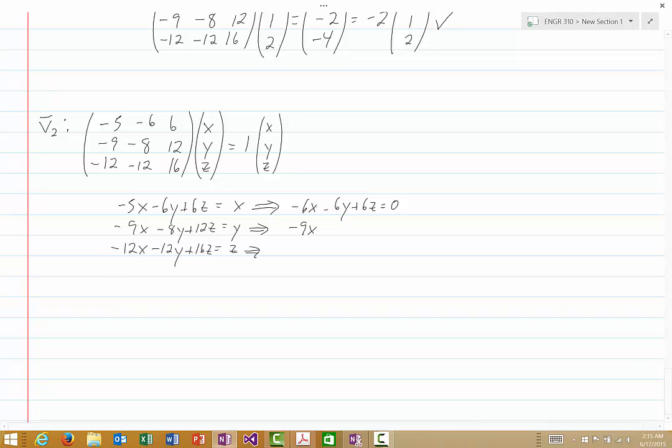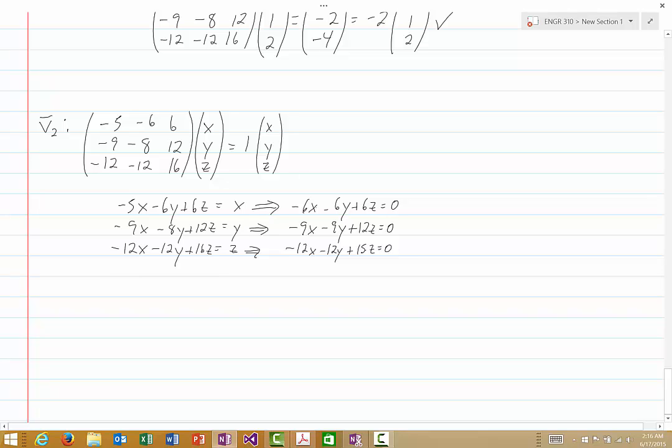And then when we subtract y, we get minus 9x minus 9y plus 12z equals 0. And finally, when we subtract z from the last one, we get minus 12x minus 12y plus 15z equals 0.